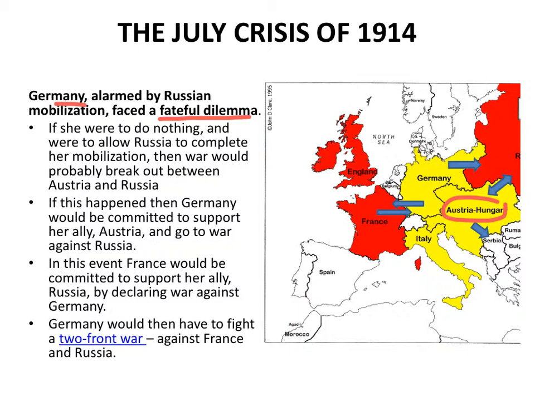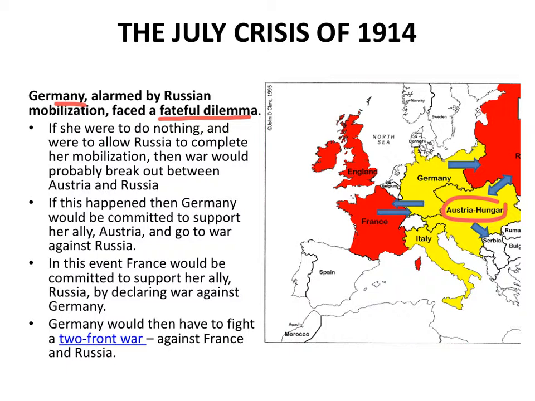Now, why did Russia do that? Without going into too much detail, Russia was effectively the sponsor and protector of those small nation states in the Balkans. Why was that? Because these small states, Serbia, Romania and Bulgaria, were all Slav states, and Russia was a Slav country.